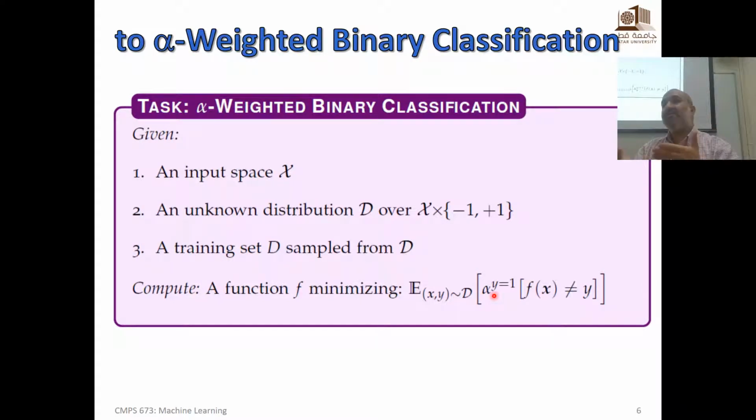Alpha is always more than 1 because we assume that the negative class is much larger than the positive class. So alpha is how many more negative examples we see in the distribution. Let's say that alpha is 9. Every error the model makes on a positive example should be penalized 9 times more than the error on a negative example.